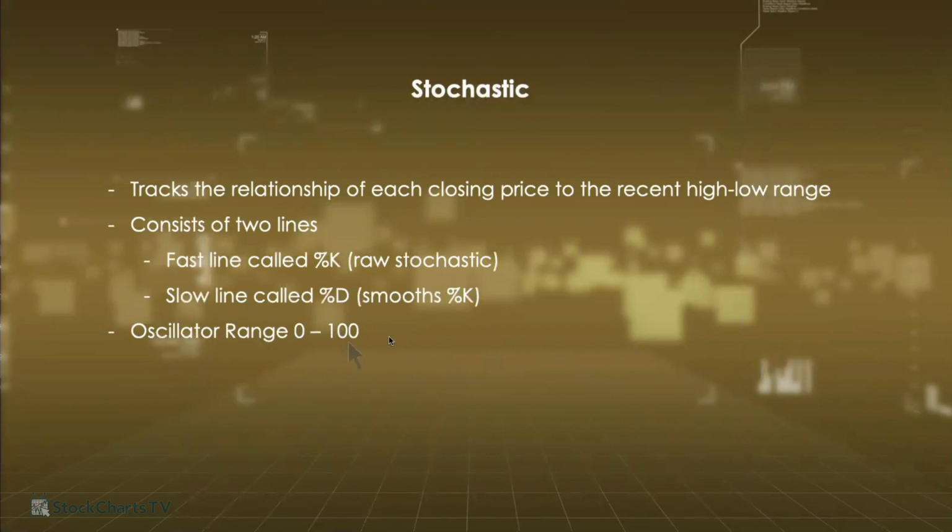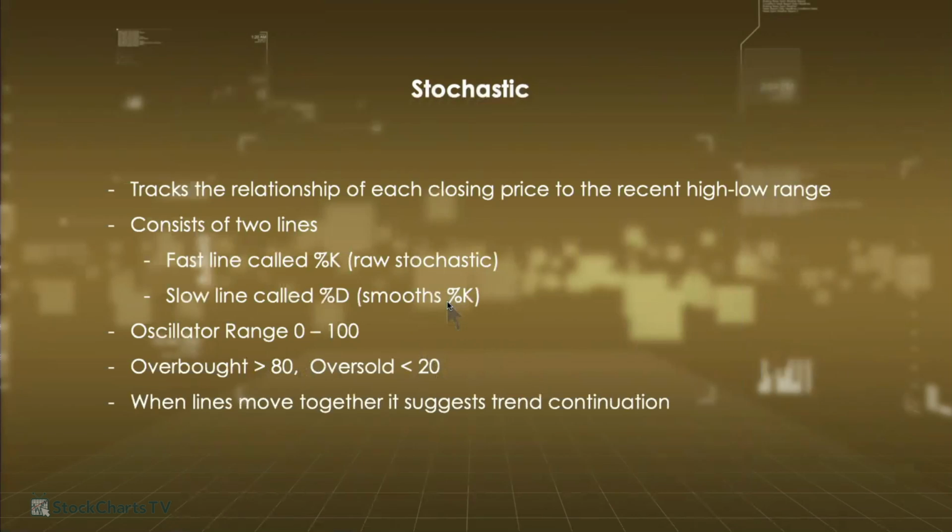The range it is bound to is from 0 to 100. So again, I do like to look at oscillators that are bounded because I can look at overbought and oversold. And in the case of the stochastic, there are actual thresholds that analysts use, and it's considered overbought if it's over 80, and it's considered oversold if the stochastic is less than 20.